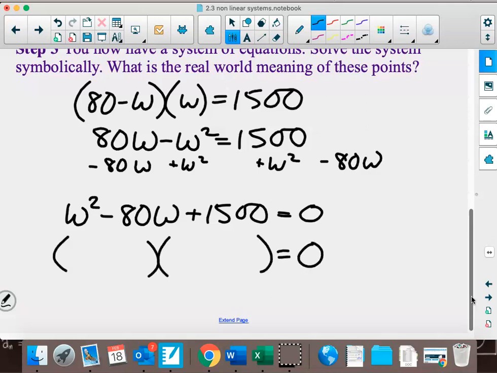Don't let the hundreds scare you. Think 15 and 8. What numbers multiply to give you 15 and add to give you 8? 3 and 5, right? So instead of 3 and 5, we're going to have 30 and 50.